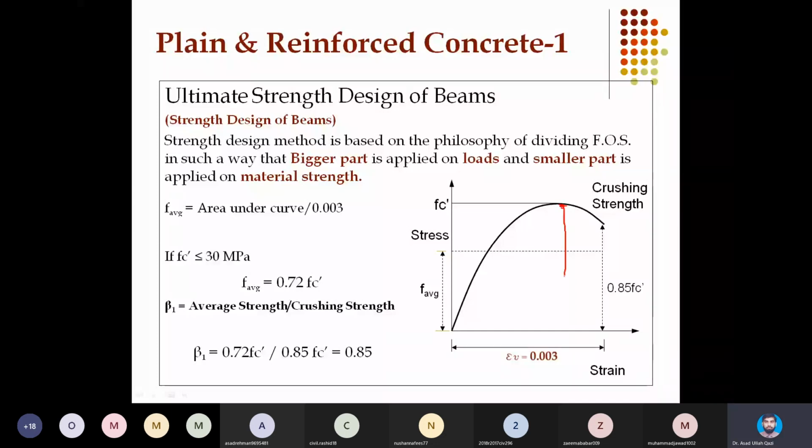Corresponding to this, in normal concretes, strain will be around 0.002 to 0.0025 at the peak. And ultimate, as I earlier mentioned, ACI has fixed this ultimate strain corresponding to 85% of peak as 0.003.